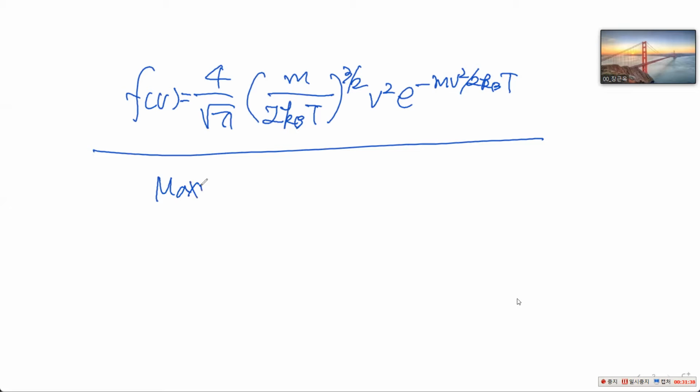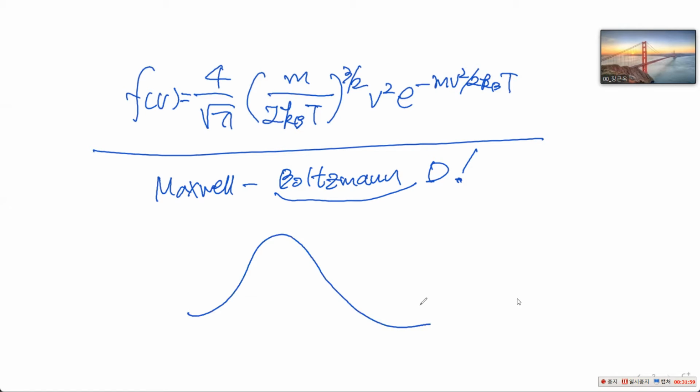I would like to say it is Maxwell-Boltzmann distribution. It means that once the energy of the particle, velocity of the particle follows Boltzmann distribution, once we derive the distribution function in 3D, then we reach this result.